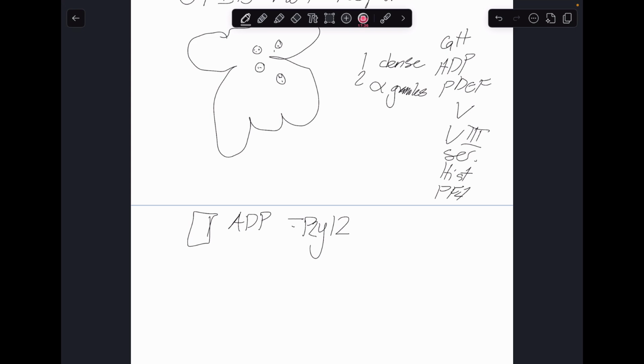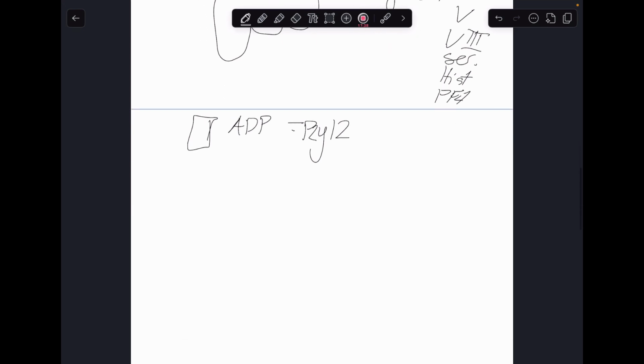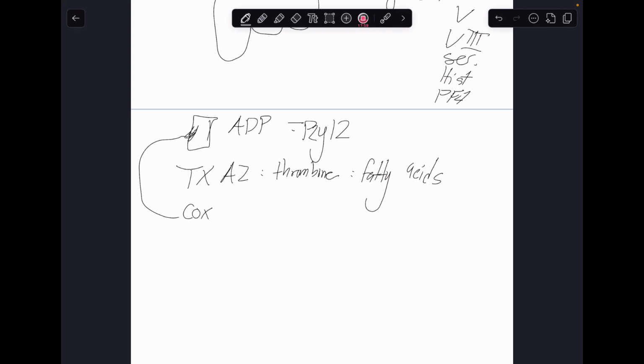Another one is our TXA2, which is our thromboxane receptor, and that's activated with fatty acids. But if we're given a COX inhibitor, then that can stop that cascade. It blocks it, so then that can't be activated, and whatnot.